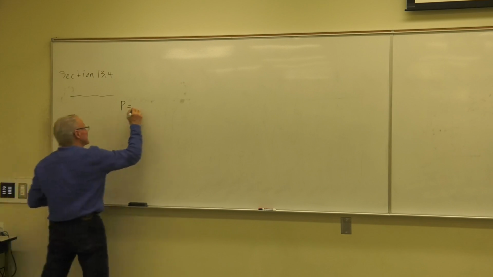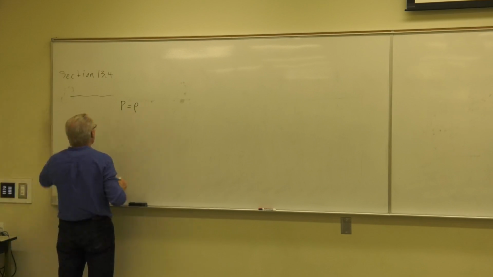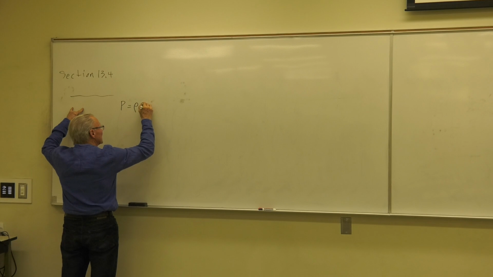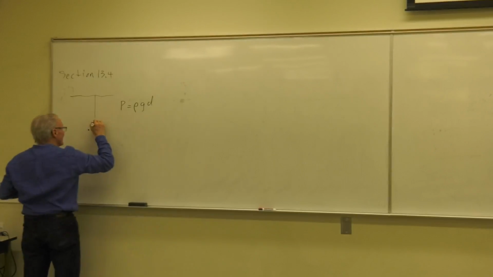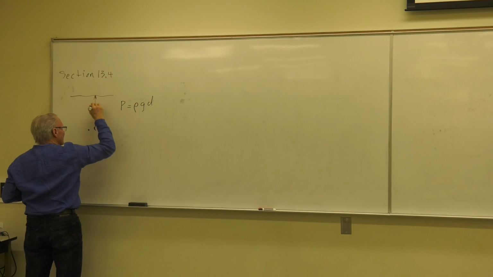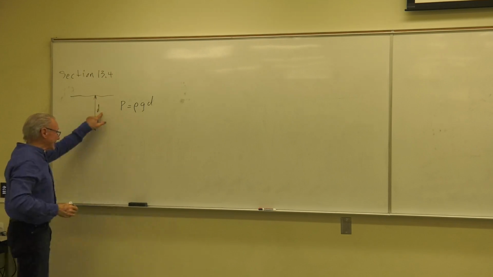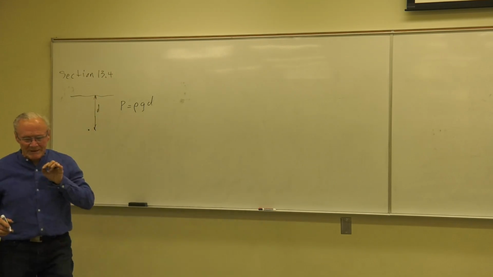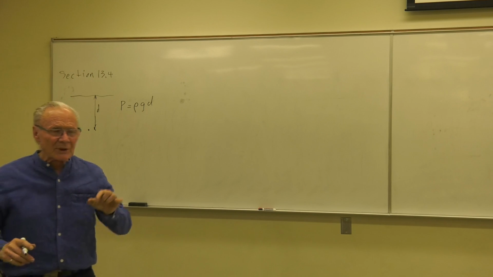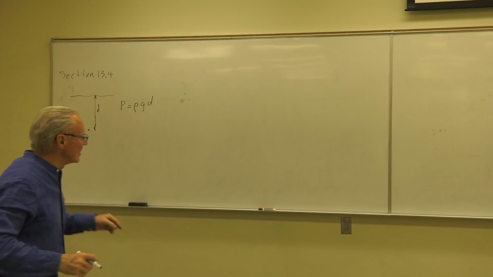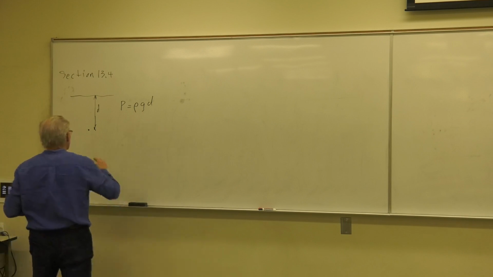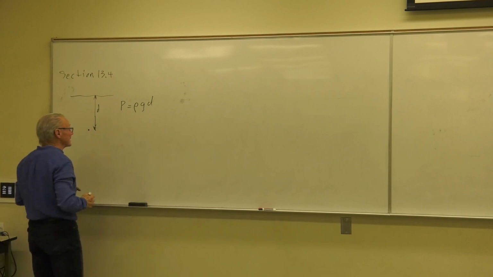And you developed a formula, which is rho, the density of the fluid, g, the acceleration due to gravity, and d, the depth. That was the formula for pressure. And d must always be positive, because pressure is a magnitude and therefore must be positive. So whenever you put in for depth, it's got to be a positive entity.